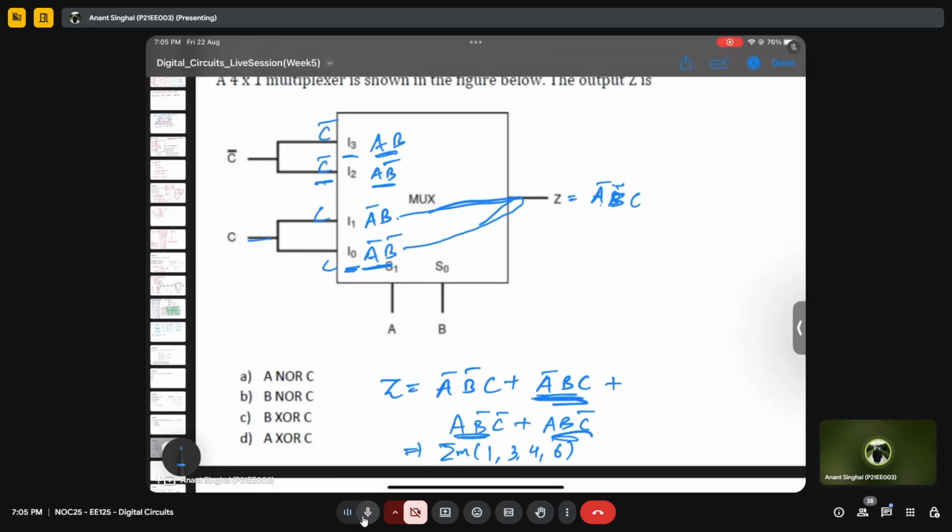Okay, so we need to simplify it. So let's try taking, what can we take common? Okay, so we need to make it either B XOR C or A XOR C. So let's say if I take A common from these two.